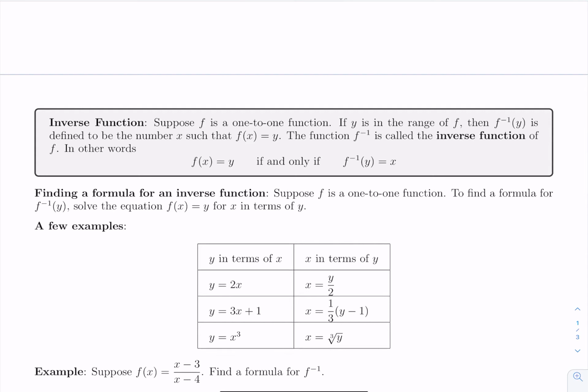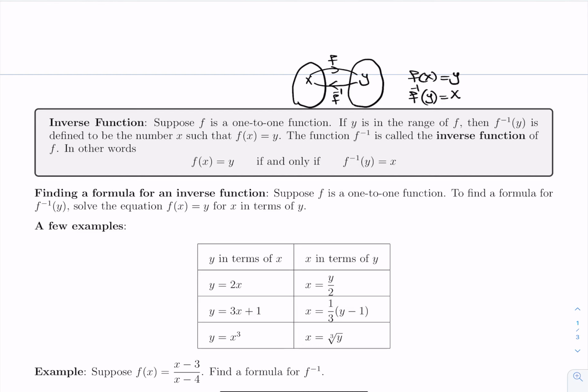Once the condition is met, we can define the inverse of a function in this way: if f is a one-to-one function where f of x equals y, then the inverse function f inverse will be defined in a way that takes y as input and the corresponding output will be x.